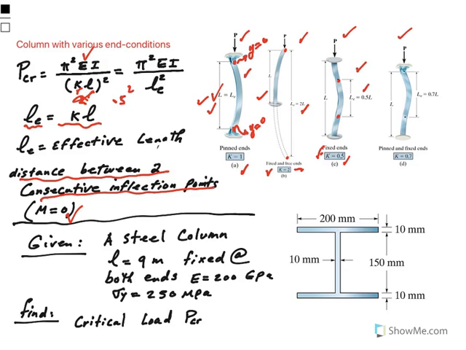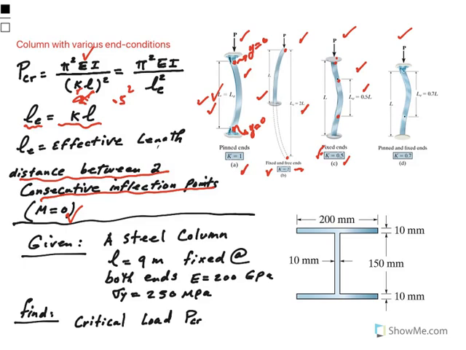So it's 4 times more difficult to buckle a fixed column. Again, fixed, guys, doesn't mean that this guy cannot buckle. It means that both slope and deflection are 0 at both ends of this guy. So deflection and the slopes are 0.